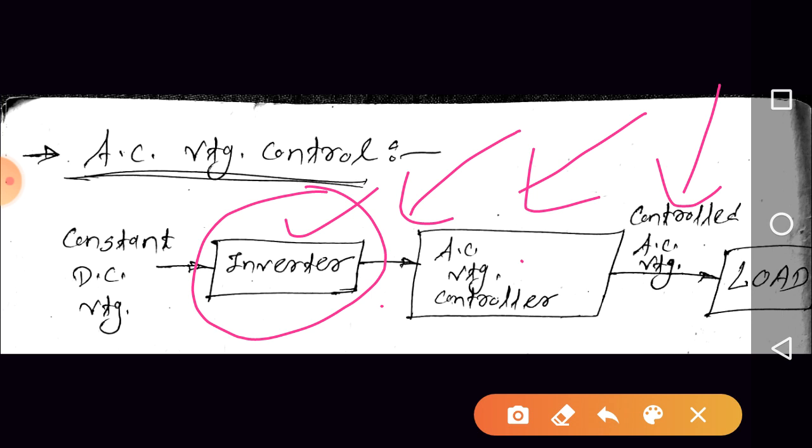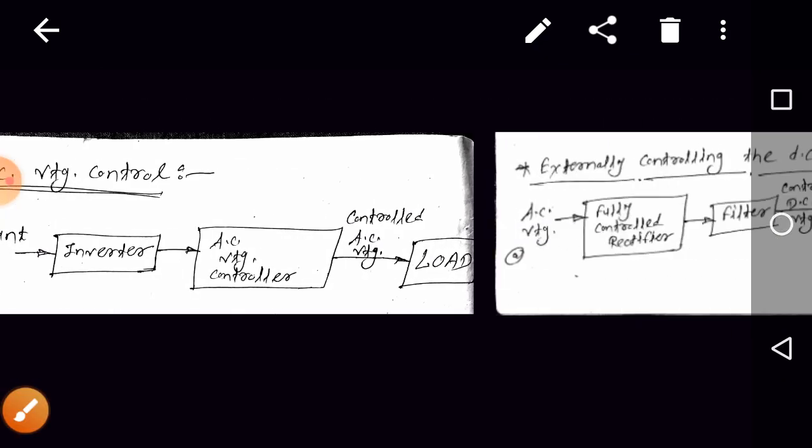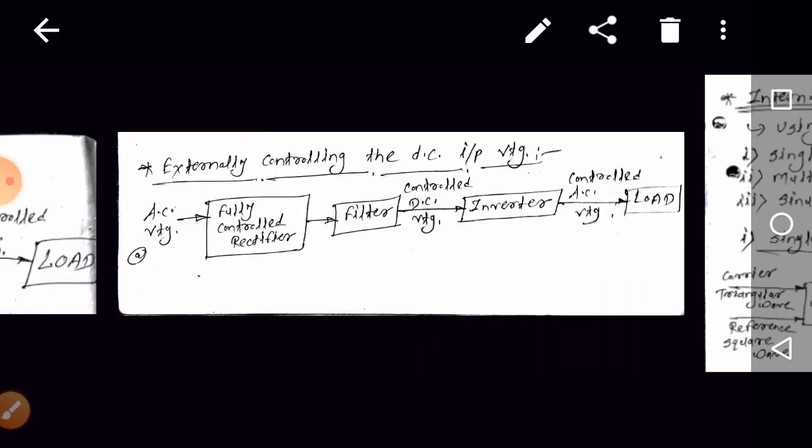Here in the external control method of AC voltage control, we are using an additional AC voltage controller block. We are not making changes to the inverter circuitry, but we have added the external block here. So this is the simplest method of external control at the AC side.